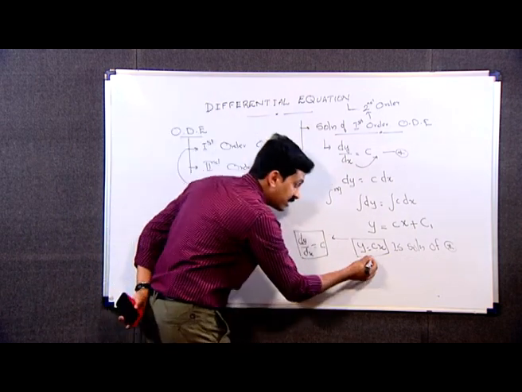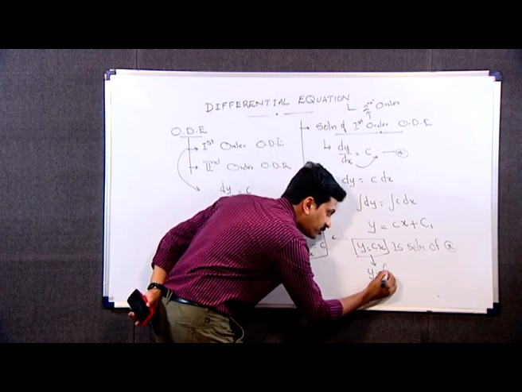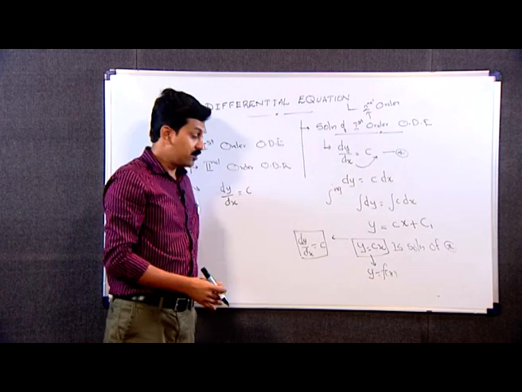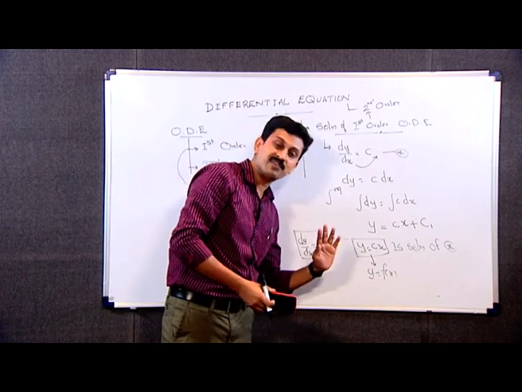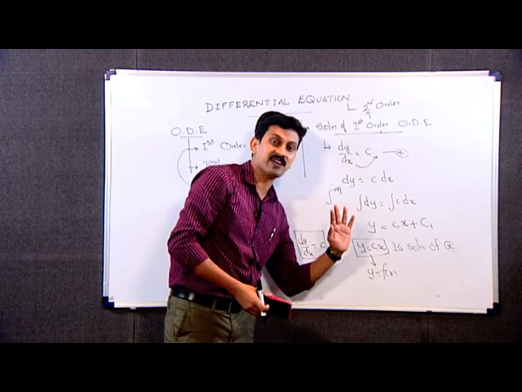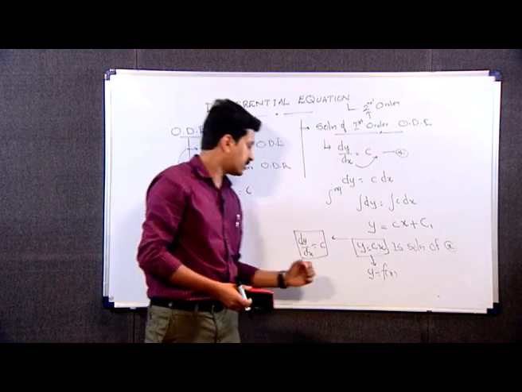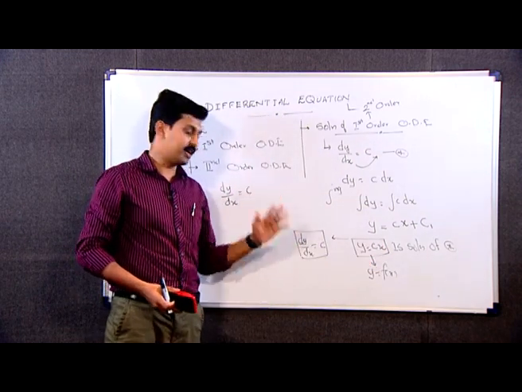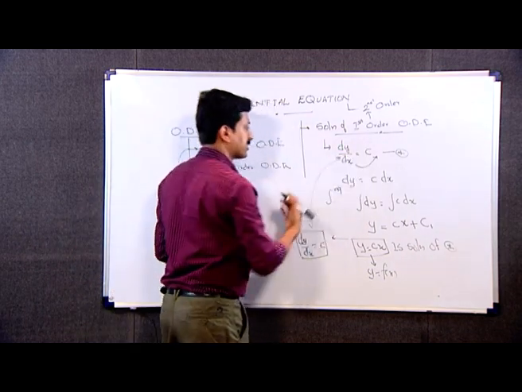So, what is the meaning? I told you earlier, y is equal to f of x, am I right? y is a function of x, where y is the dependent variable and x is the independent variable. So cx is a function, and while differentiating this function, dy by dx equal to c. That is actually this differential equation.